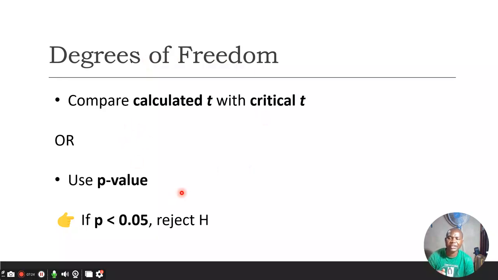We calculate the degree of freedom, and we either compare the t calculated with the t critical, or we compare our p-value with our level of significance. These are the two possible ways we can establish our final decision. We're going to learn more of this as we continue.